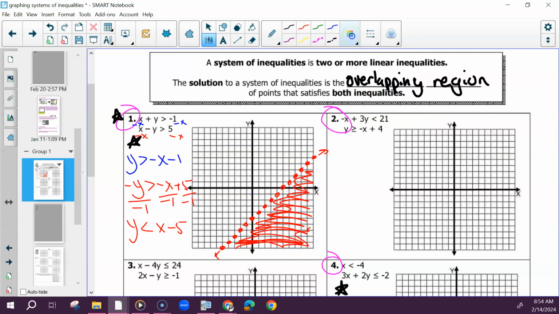And then the other one is going to start at -1. The slope is negative. Also dotted or dashed. Shaded above or below?